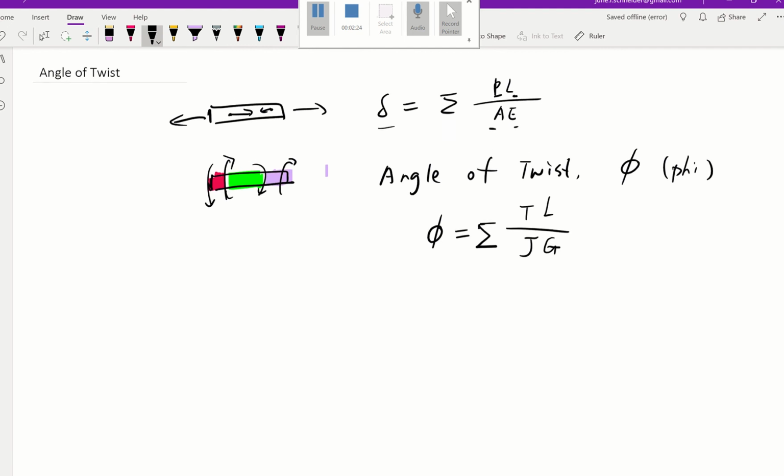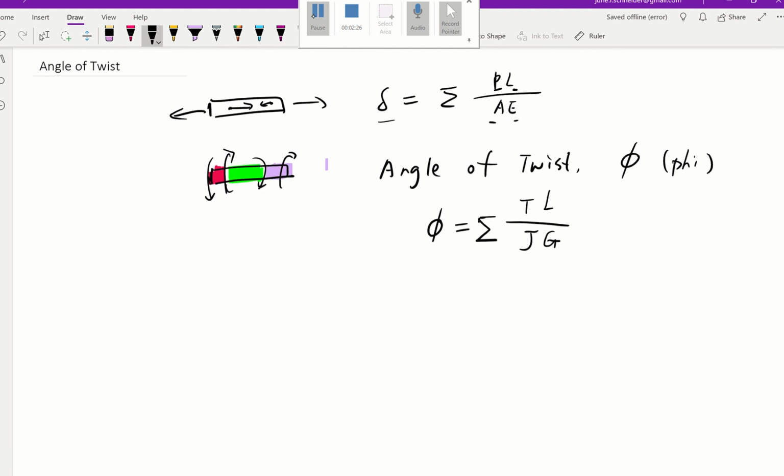Another quick recap about when we use positive and negative for deformation in axial loading. If it's in tension, that's going to cause elongation, positive. If it's compression, then we're going to have negative. How about for phi, for angle of twist? When would that be positive and negative?